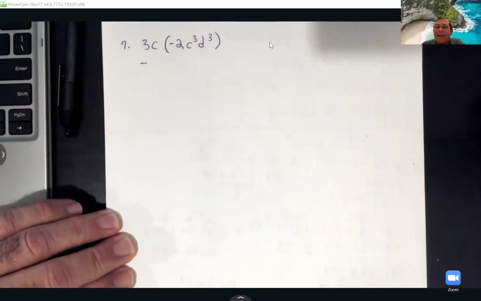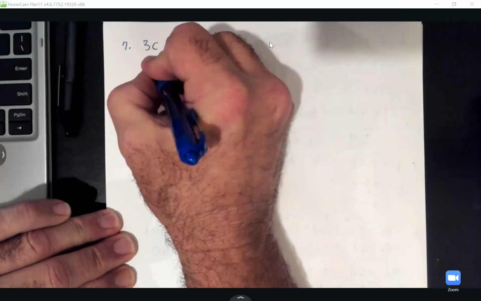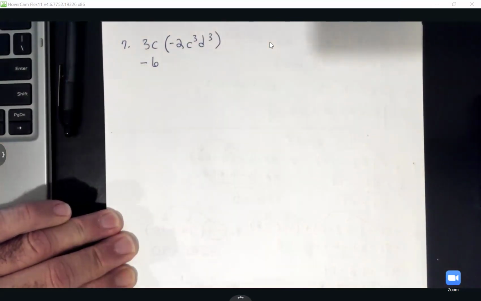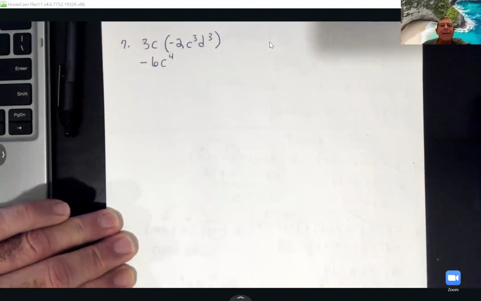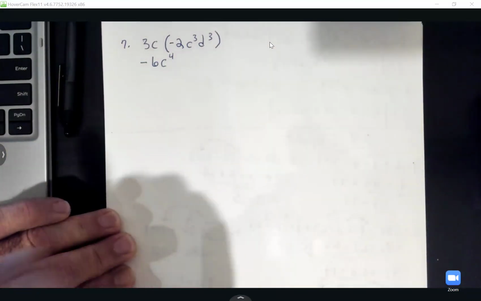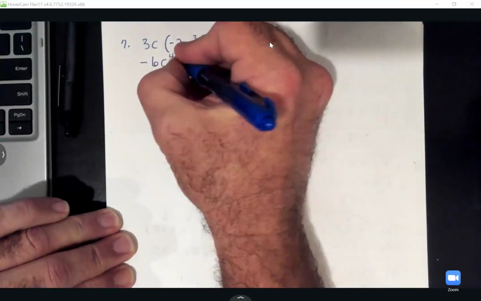Negative. So negative 6c^4. To the fourth power, perfect. C^4, and then you got one more thing. d^3. d^3, there you go.